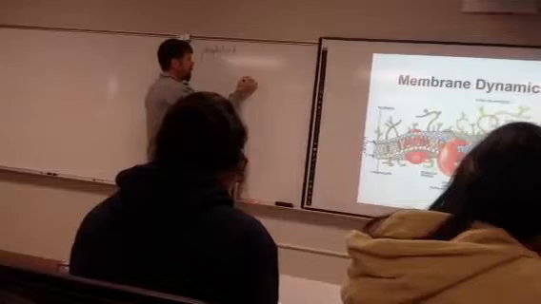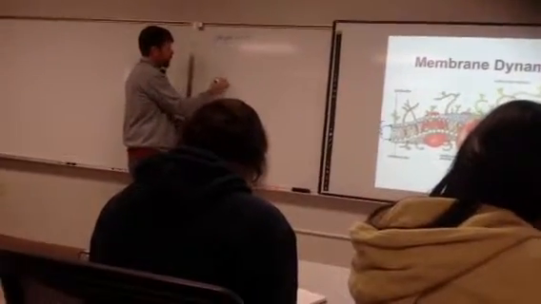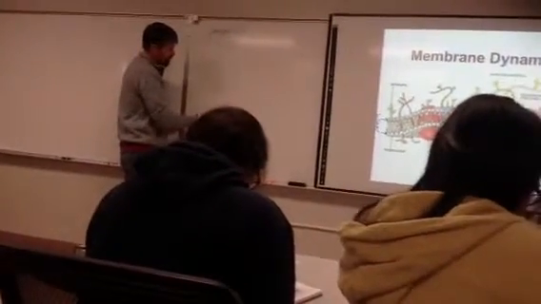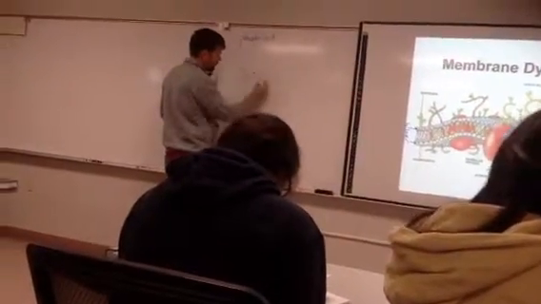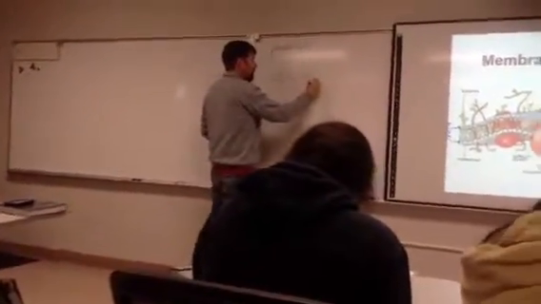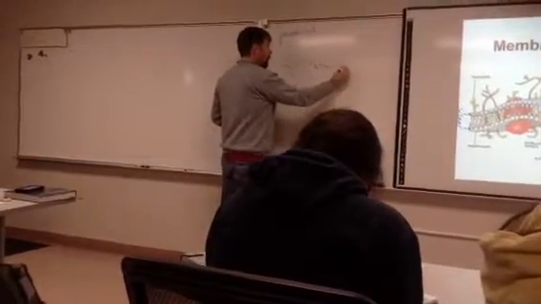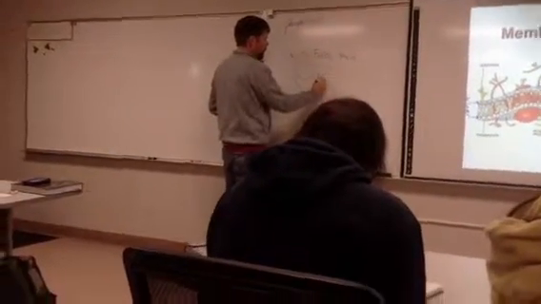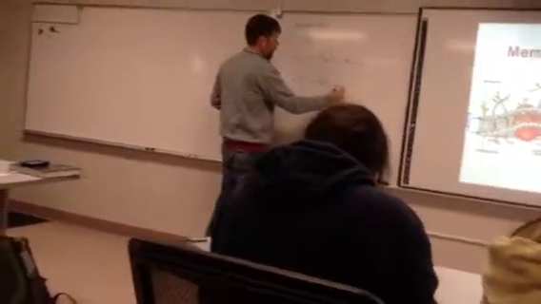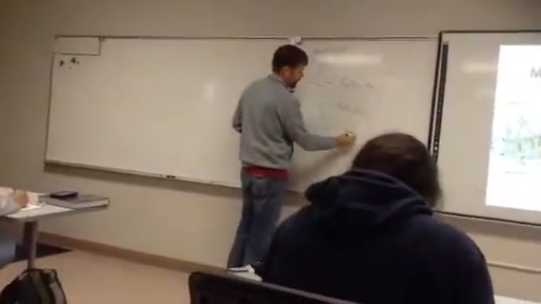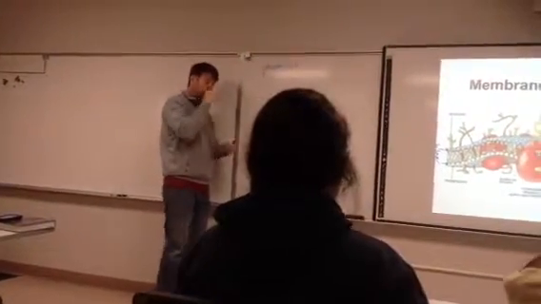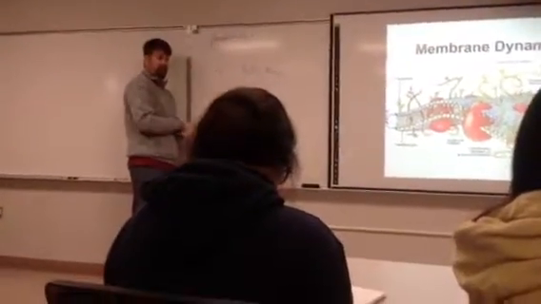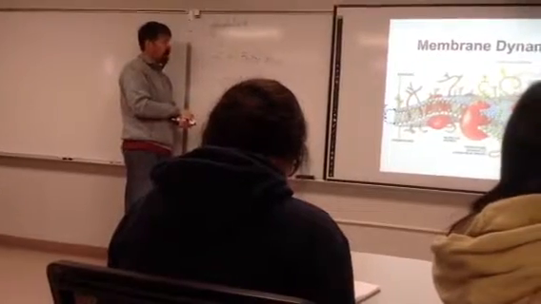So for a triglyceride, we had a glycerol backbone here, and it had attached to it 3 fatty acids. Like this, right? And this is how your body stores triglycerides, or stores fat, as these triglycerides, with the fatty acids on it.